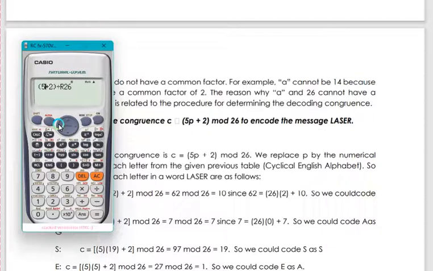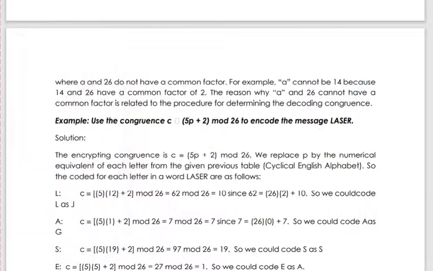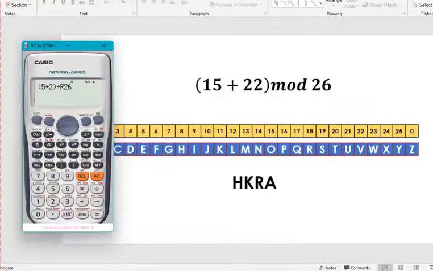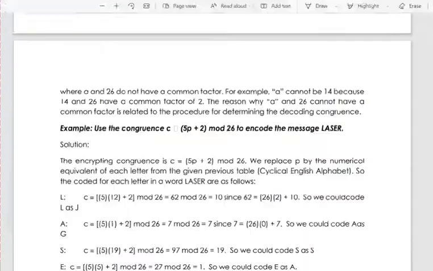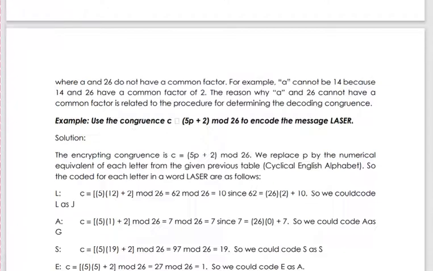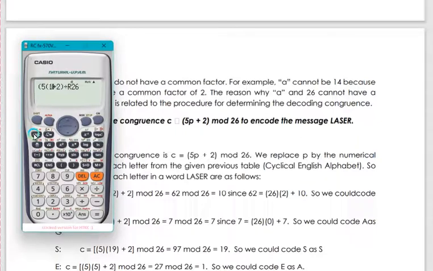So that is your value of L, which is 12. So times 12. Okay, times 12.